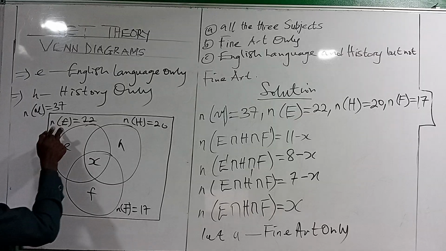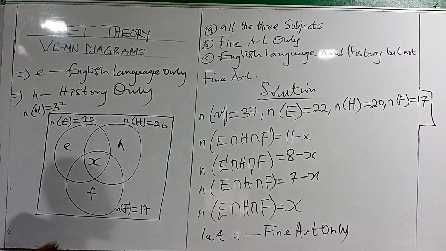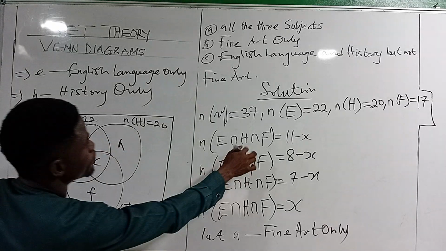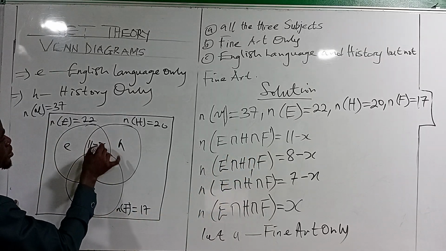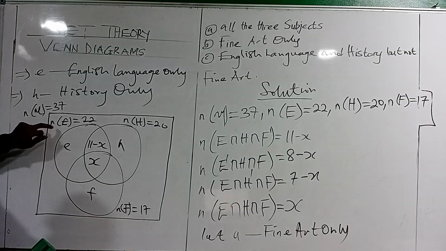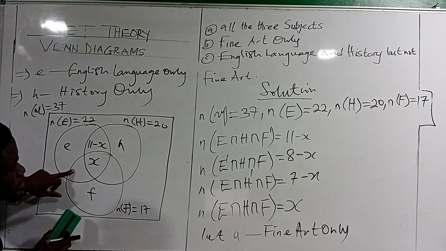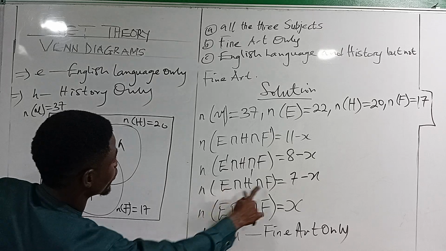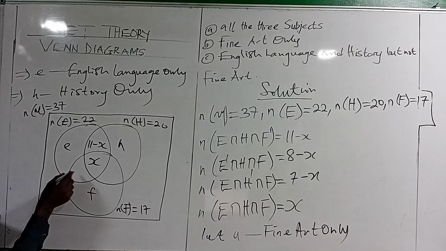Now we need to know this and this and this. That is English intersection H, those teachers that are able to teach English language and history. We have them here as 11 minus x. Then those teachers that are able to teach English and fine art, which is this side, we have it as 7 minus x.